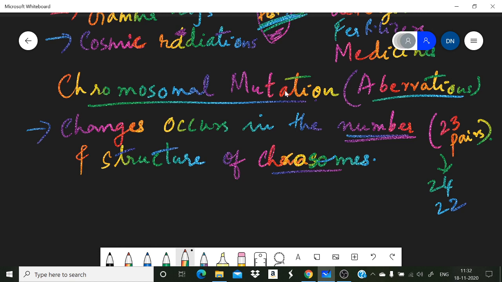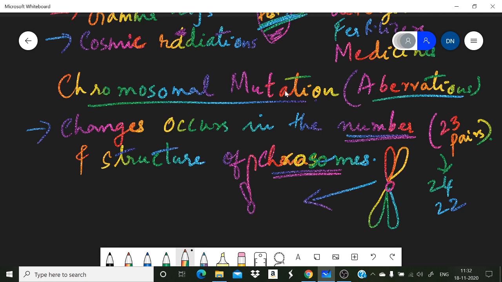And if there occurs any change in the structure of a chromosome, suppose this is a structure of a normal chromosome, and if there occurs any structural abnormality, suppose this chromosome is converting into a form like this.